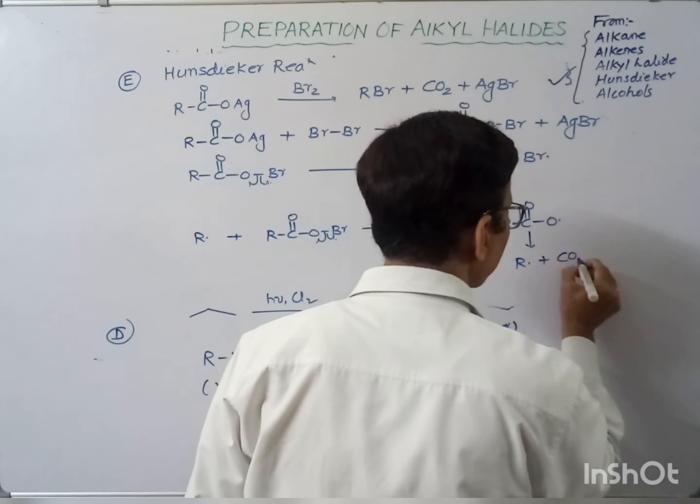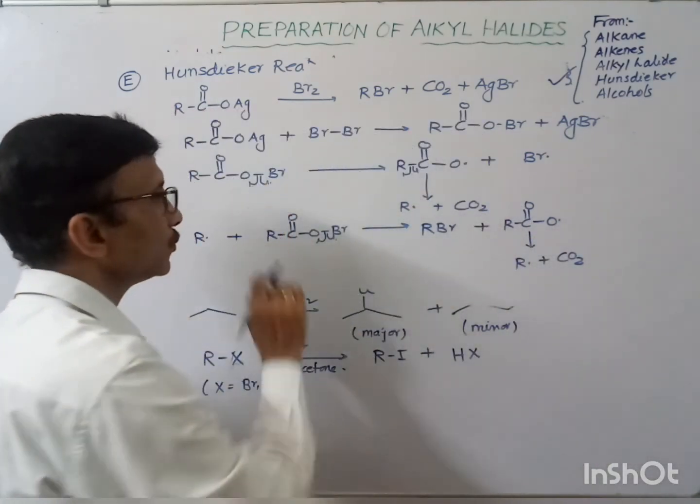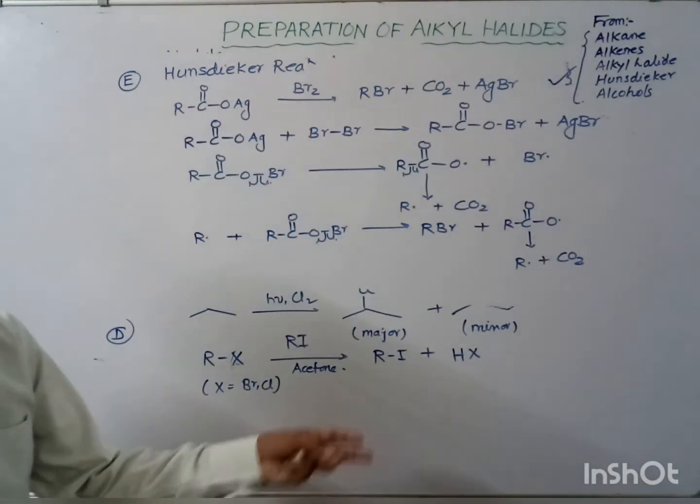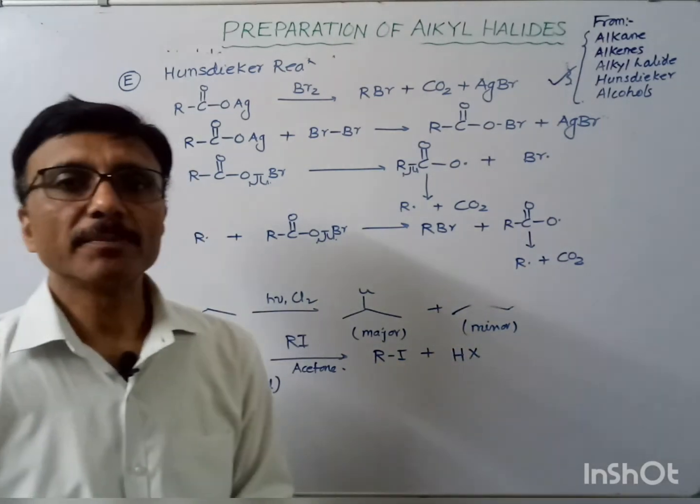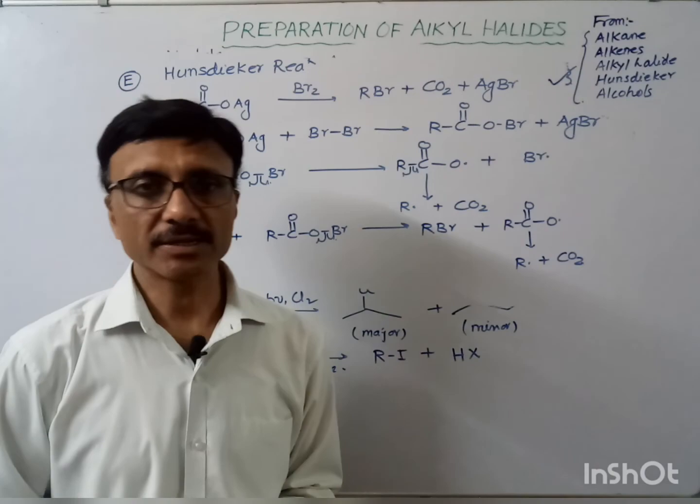This radical will again combine with the next molecule, and in this way this is a chain type of reaction. So these are some of the methods for the preparation of alkyl halide. Thank you.